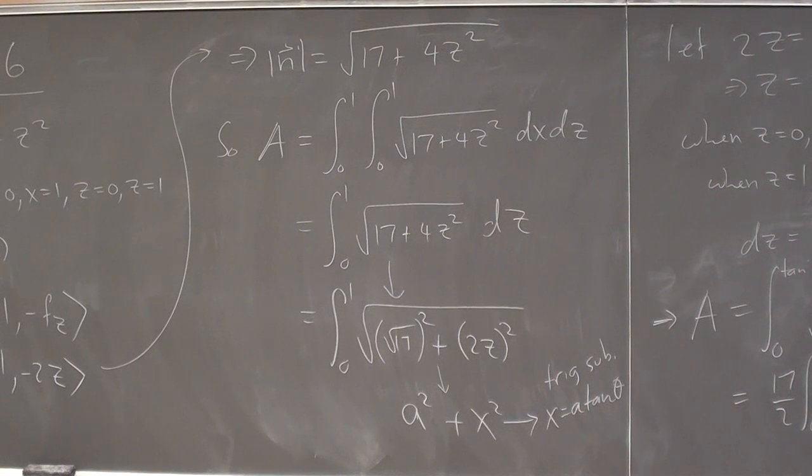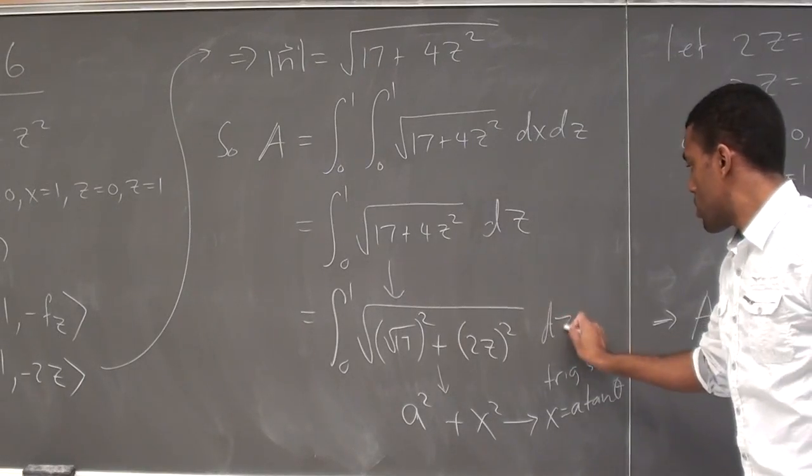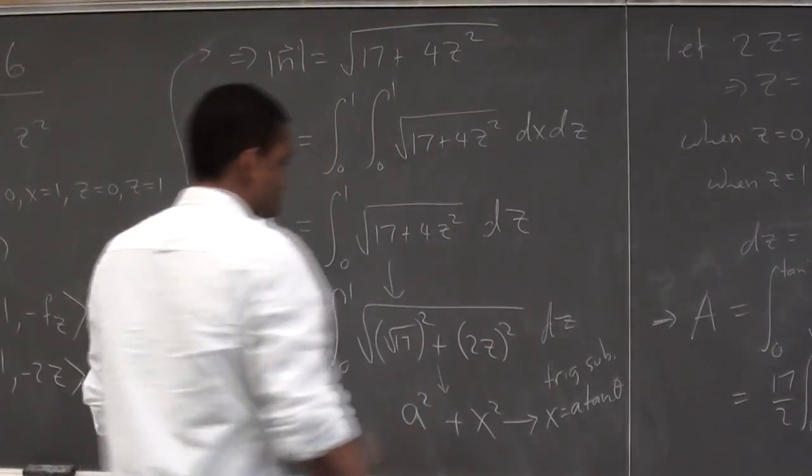When you have A equals the integral, where did you get the square root of 17 secant squared theta? From over here, my trig sub. Because the limits were 0, 1.